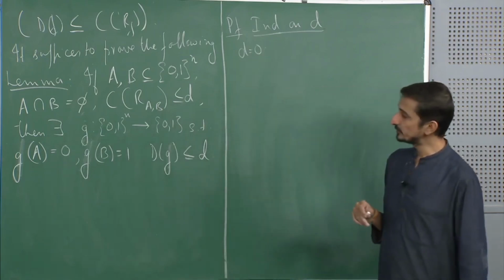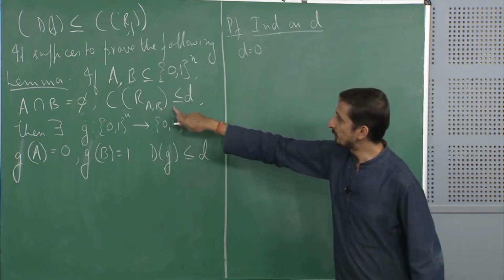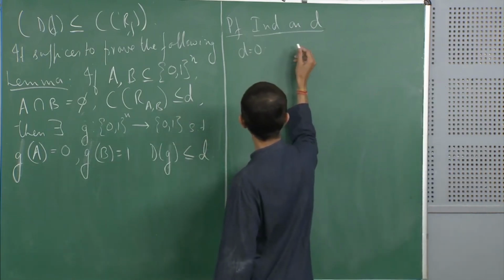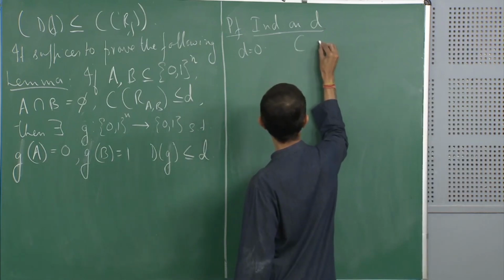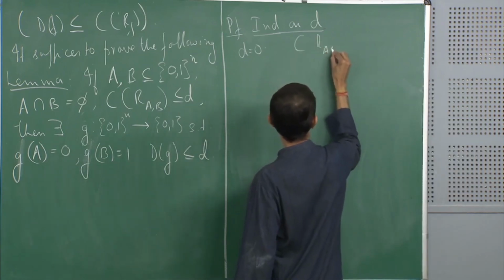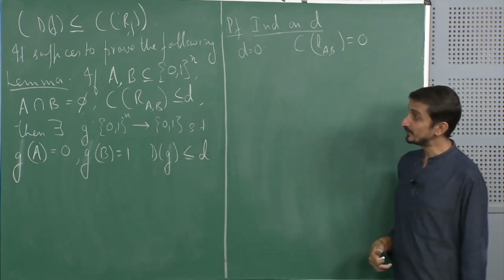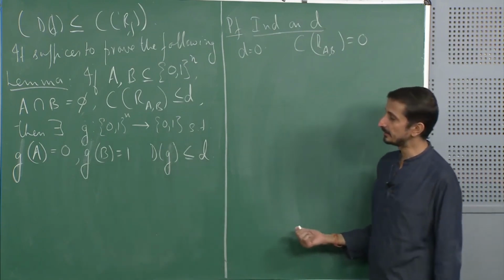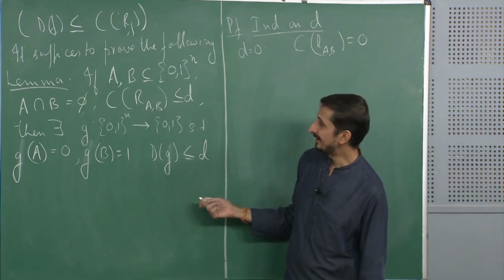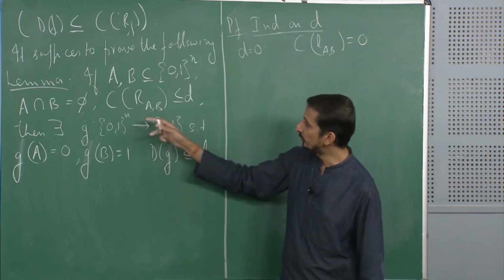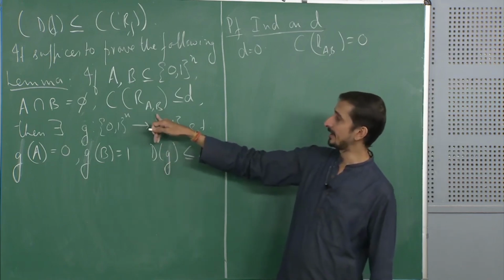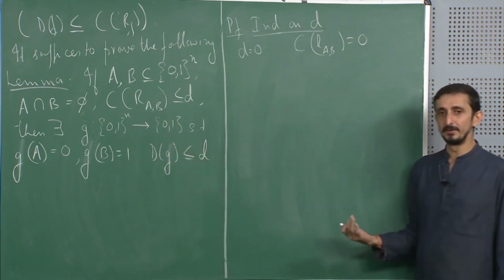If D is equal to 0, what does it say? Then we have that CRAB equals 0, which means that Alice and Bob can compute the relation RAB without communicating any bit.